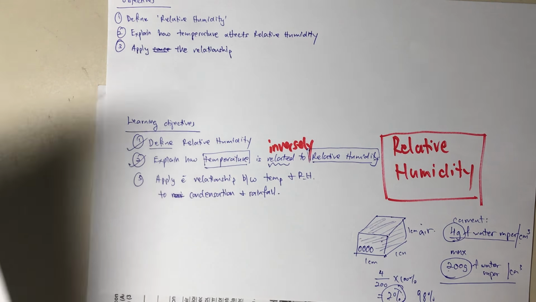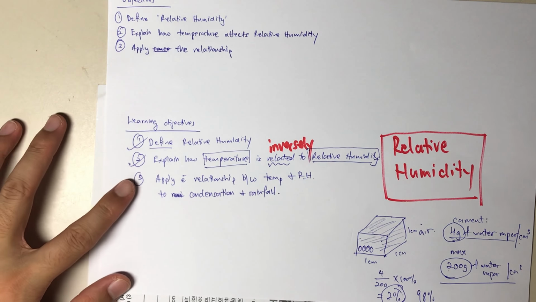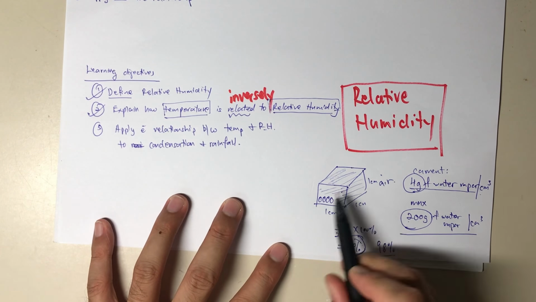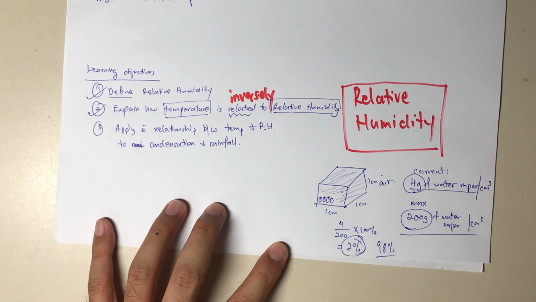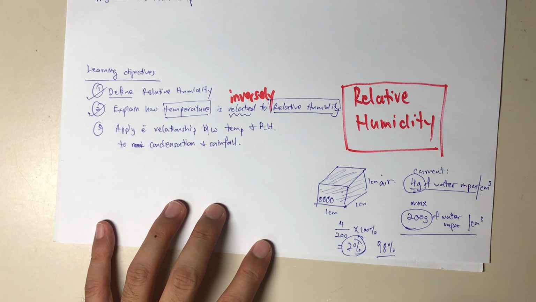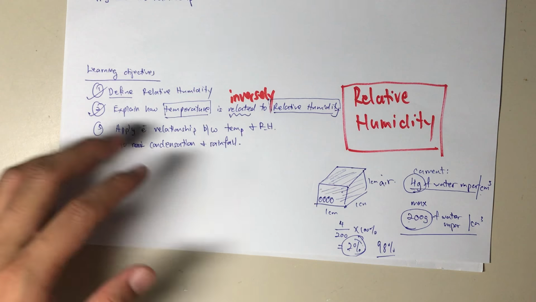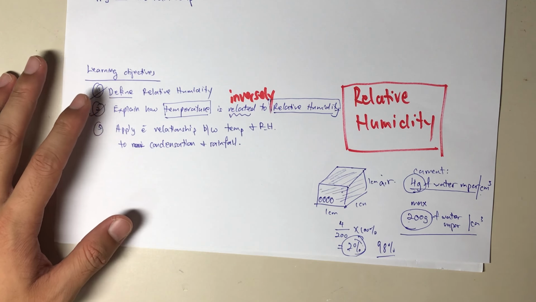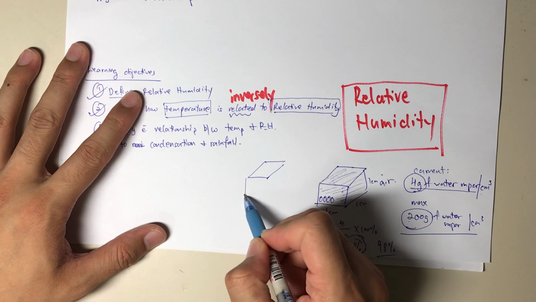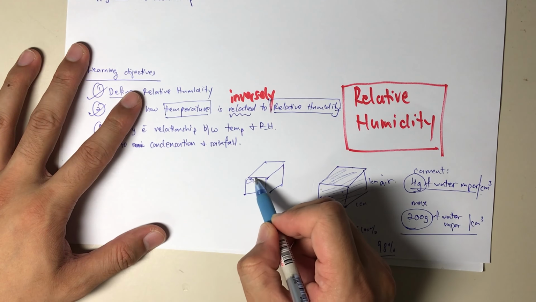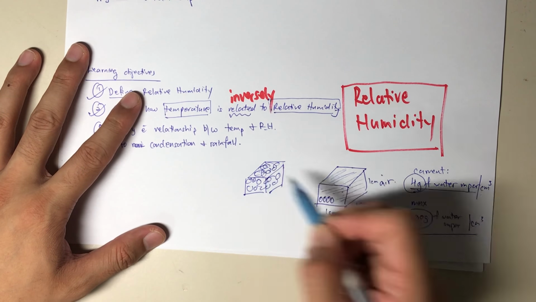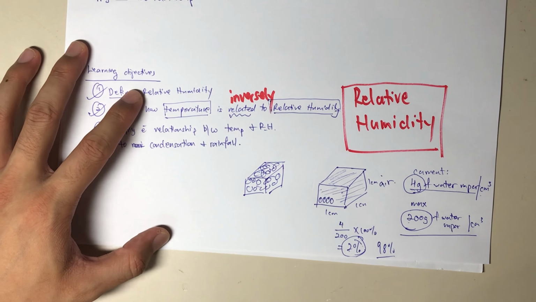Now, if we remember this illustration over here, air can hold water vapor. It can be 2%, 4%, 5%, 6%, 7%, 40%, 50, 70, 80, 90. Now, there will come a point where every single bit of the air is filled with water vapor.